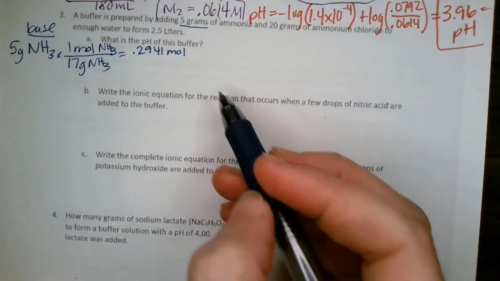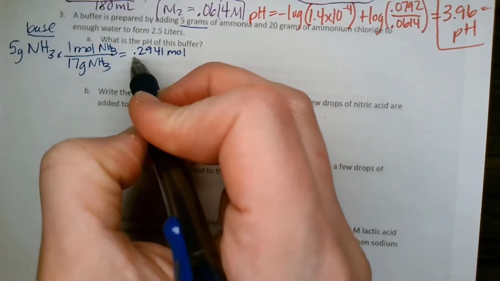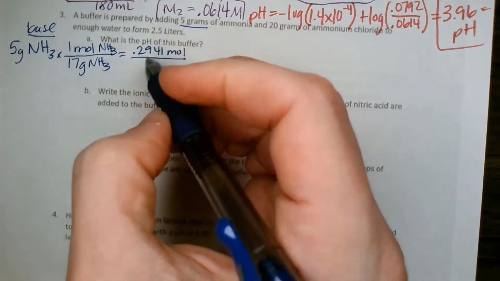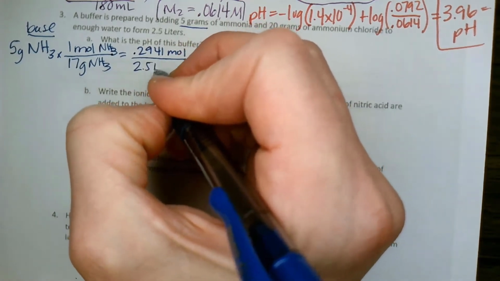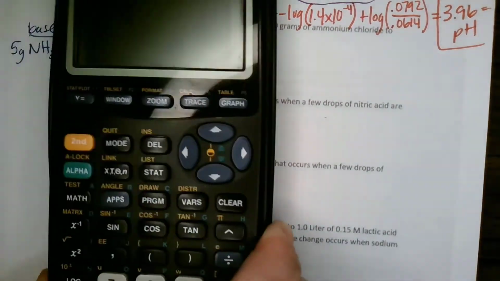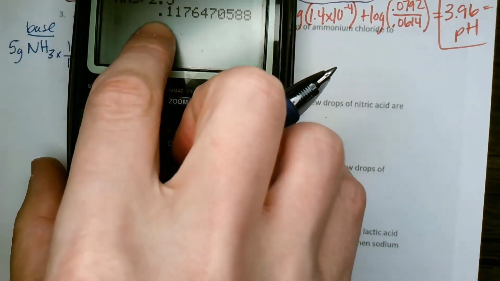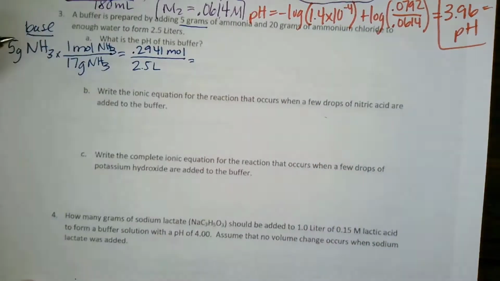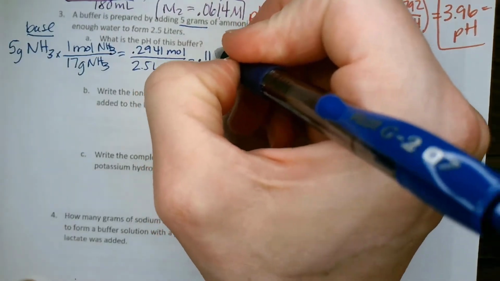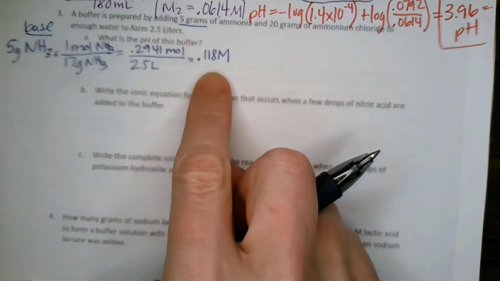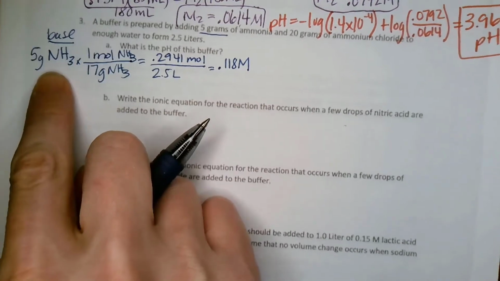And let's go even further. We want moles per liter to get molarity for our base. So let's divide that by 2.5 liters. So divided by 2.5, and we'll get 0.118. Okay, so we have concentration for my ammonia.